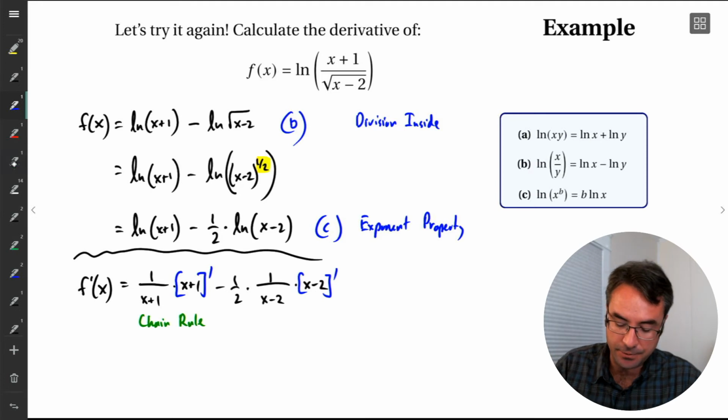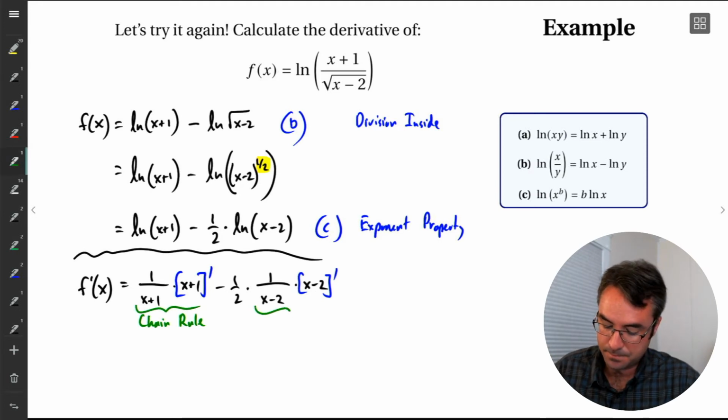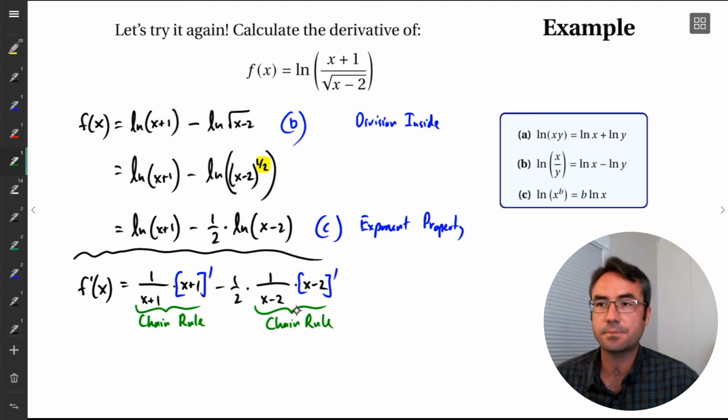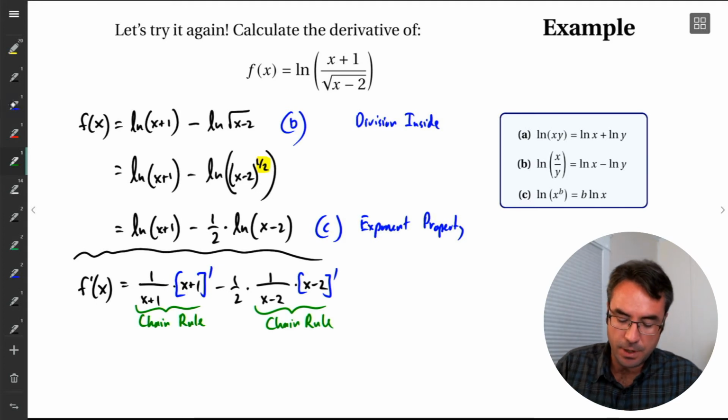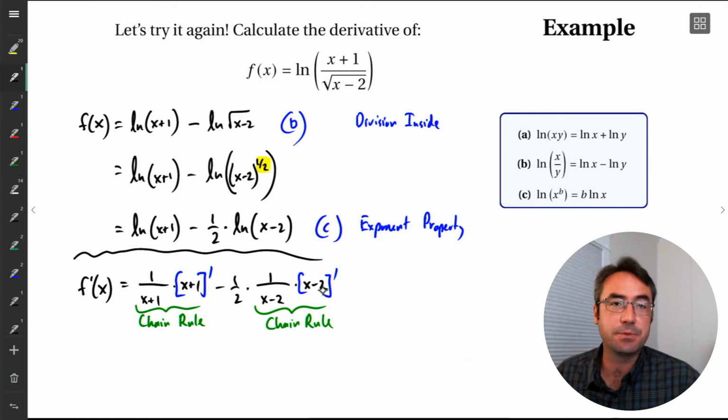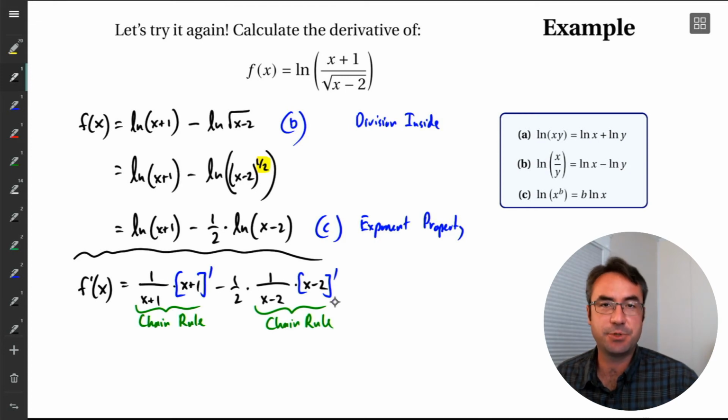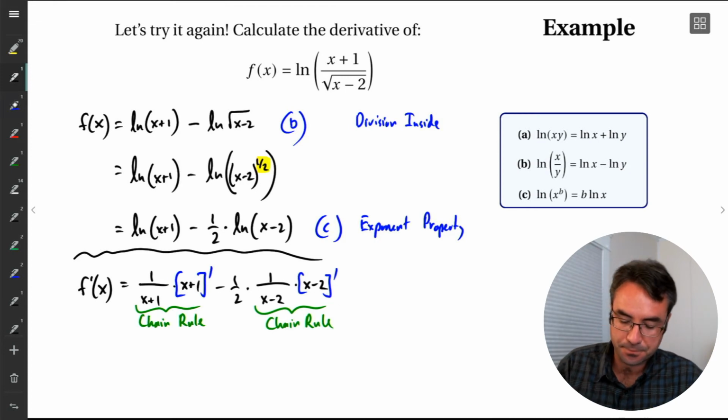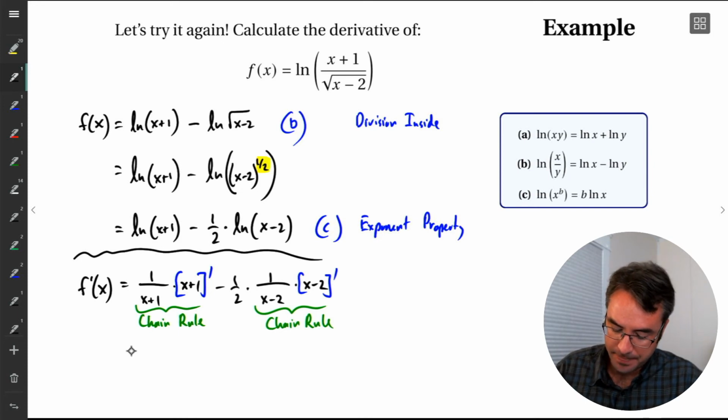So this is another chain rule here. And we keep going, and the derivative of x plus 1 is 1, and the derivative of x minus 2 is 1. So these derivatives end up just being 1. So what we end up with is our derivative is 1 over x plus 1 minus 1/2 times 1 over x minus 2. And we're done.